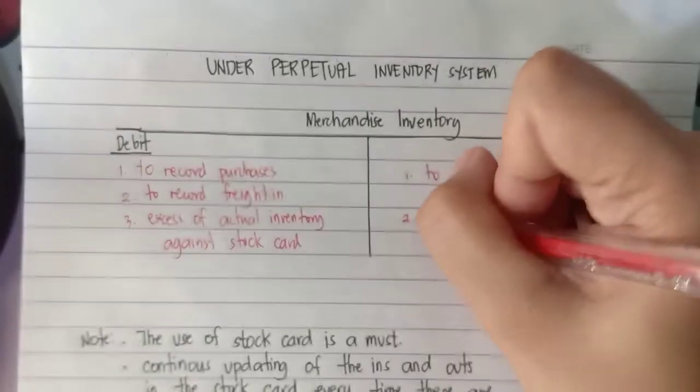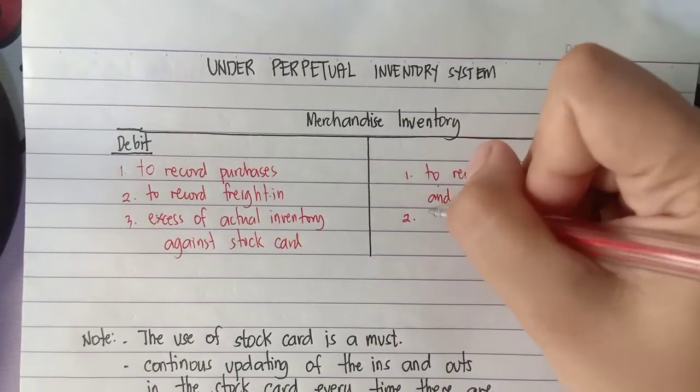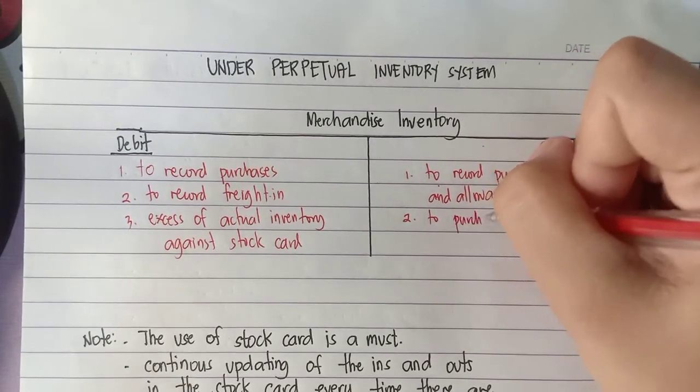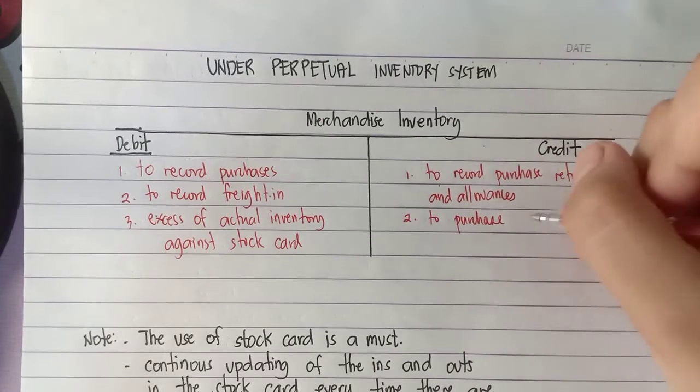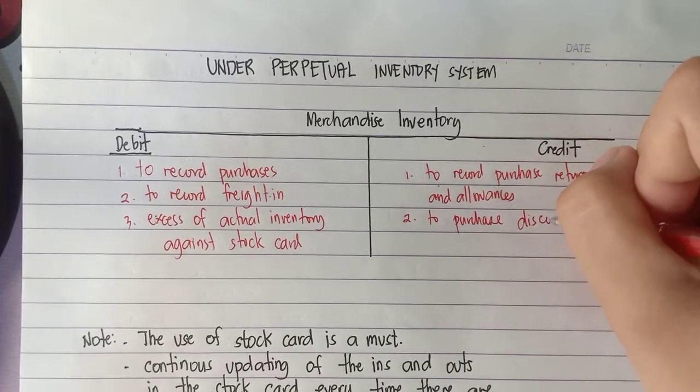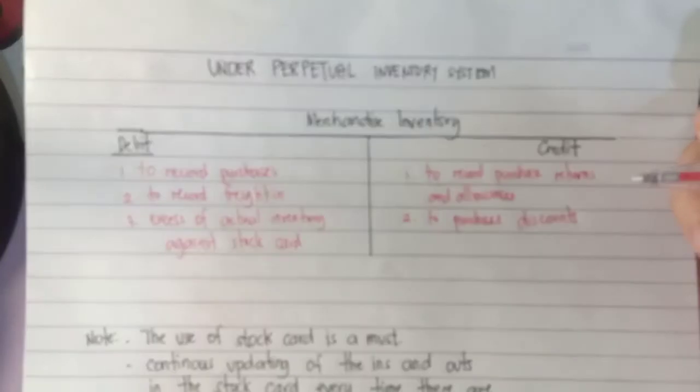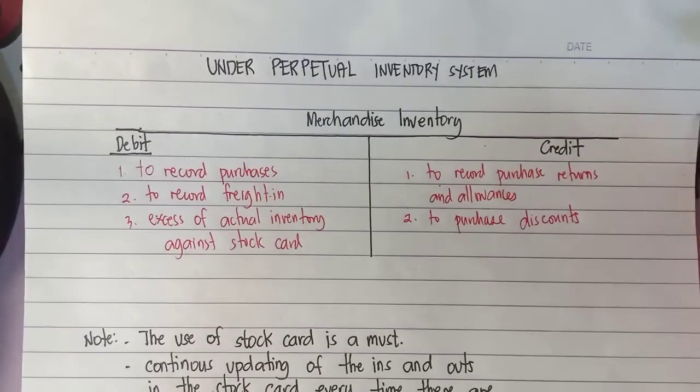Next is to record purchase discounts. So kapag meron tayong discounts kapag bumili tayo ng merchandise, we have to credit merchandise inventory under the perpetual inventory system.